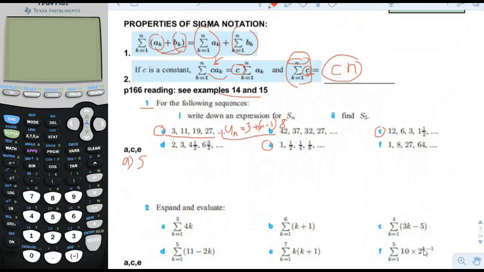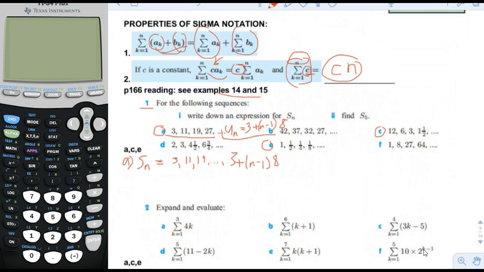So we could write the sum as S sub n of 3, 11, 19, dot dot dot, to 3 plus n minus 1 times 8.